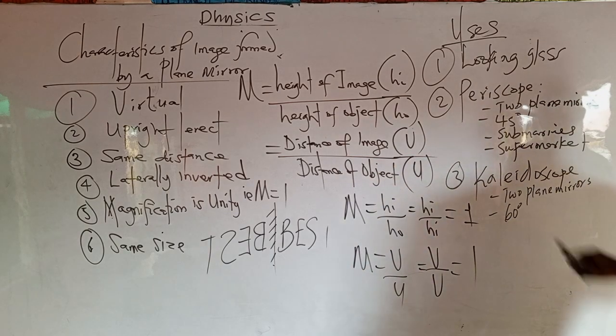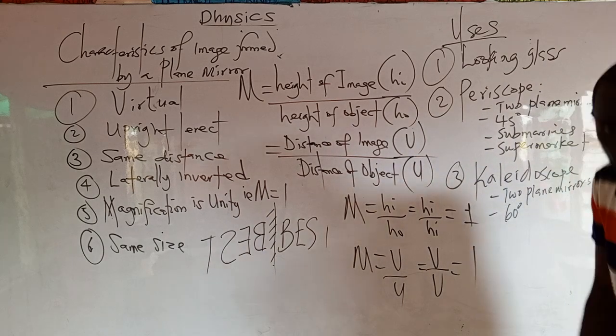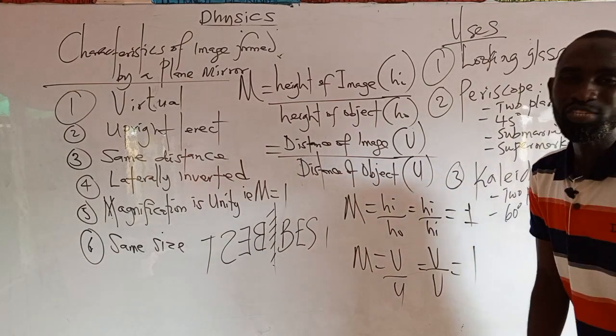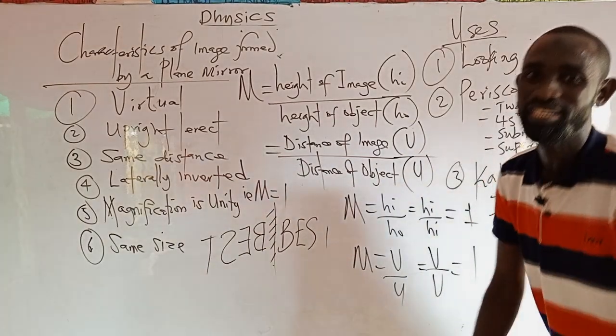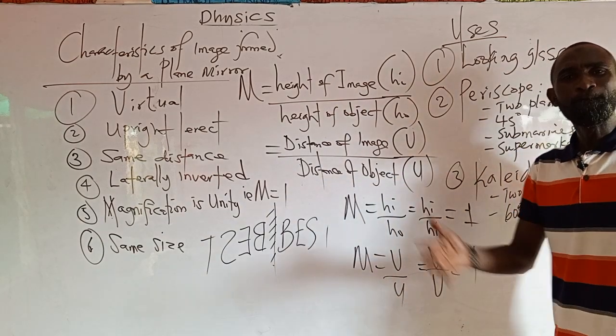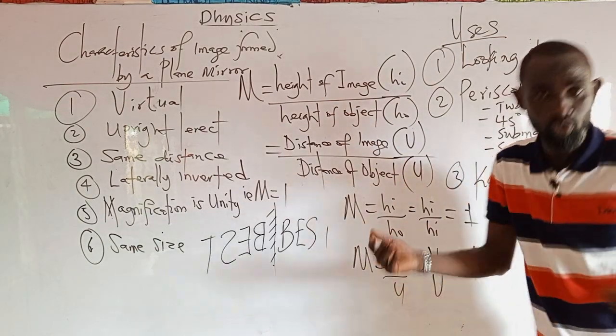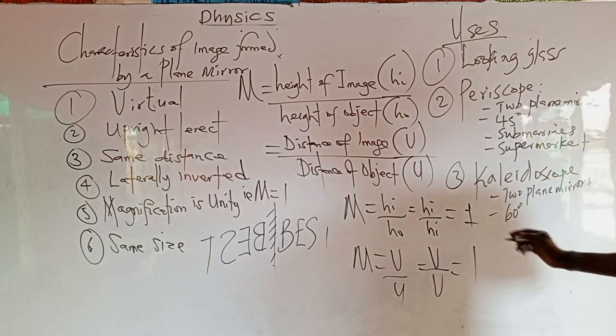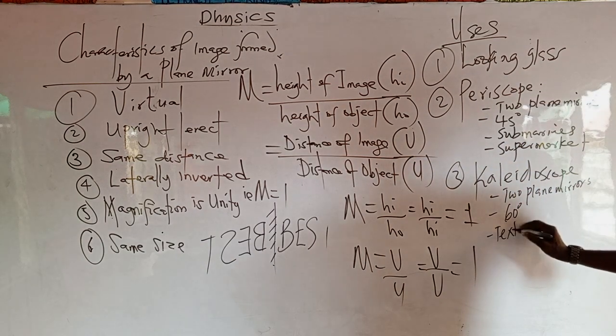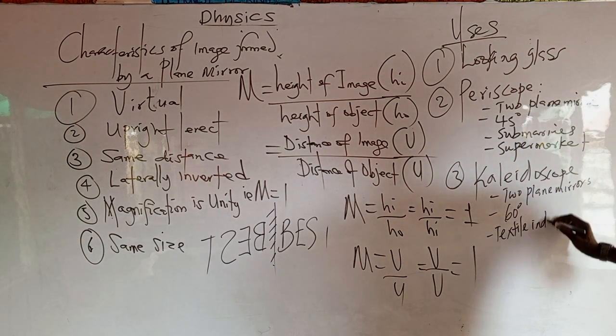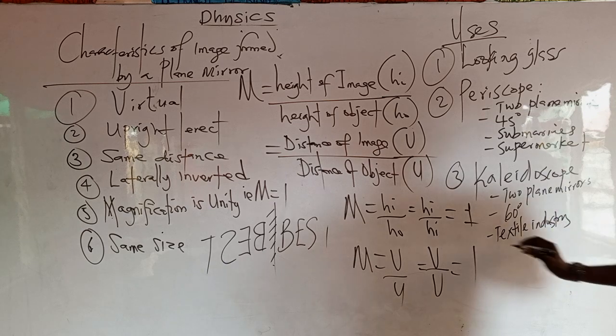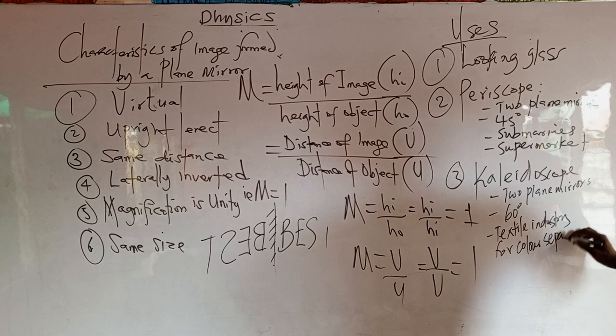For kaleidoscope, 60 degrees. Where do you use a kaleidoscope? A kaleidoscope is used in the textile industry for color separation pattern. You want to separate colors in clothes, we use a kaleidoscope.